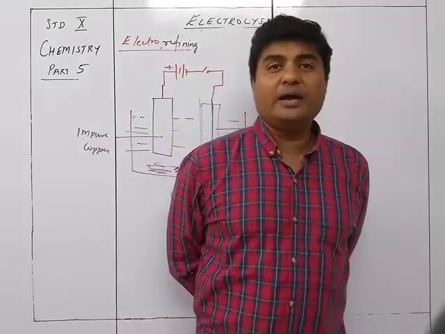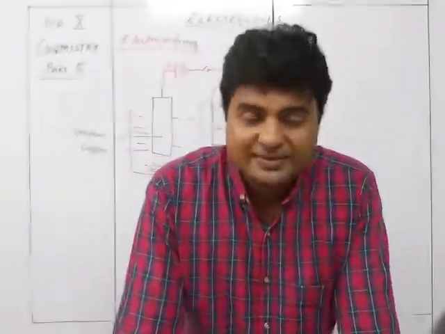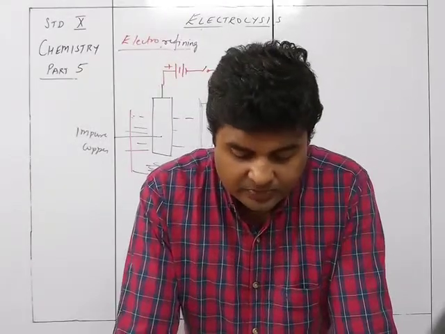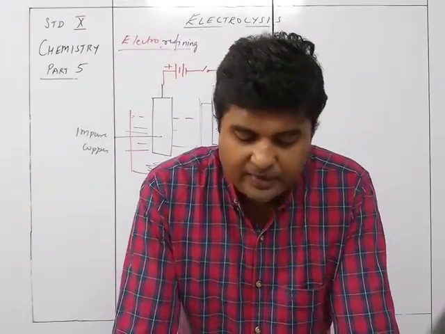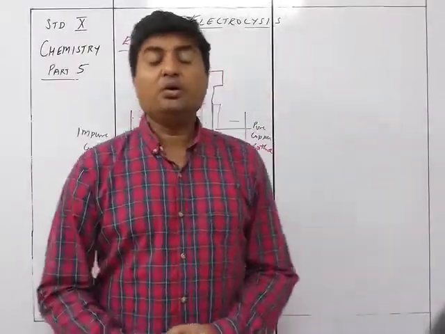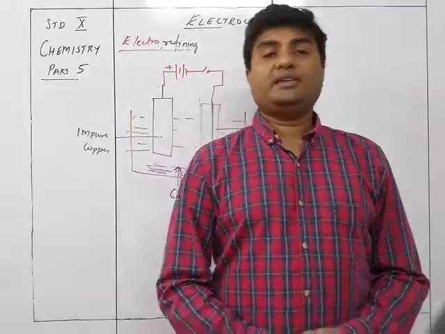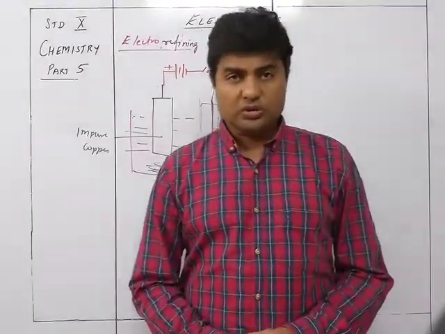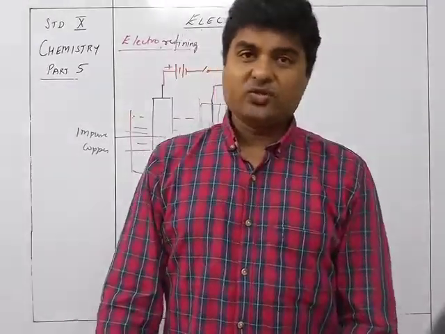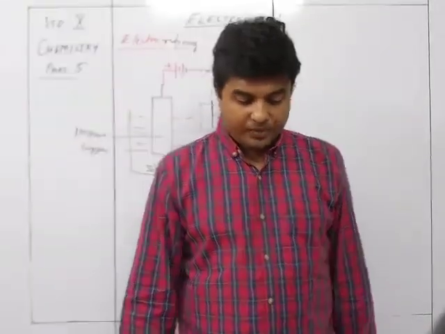Fused alumina, Al2O3, gives Al3+ and O2-. So Al will be deposited at the cathode and oxygen at the anode. So this is how electrometallurgy helps us extract metals from their respective ores, like NaCl, CaCl2 or alumina.